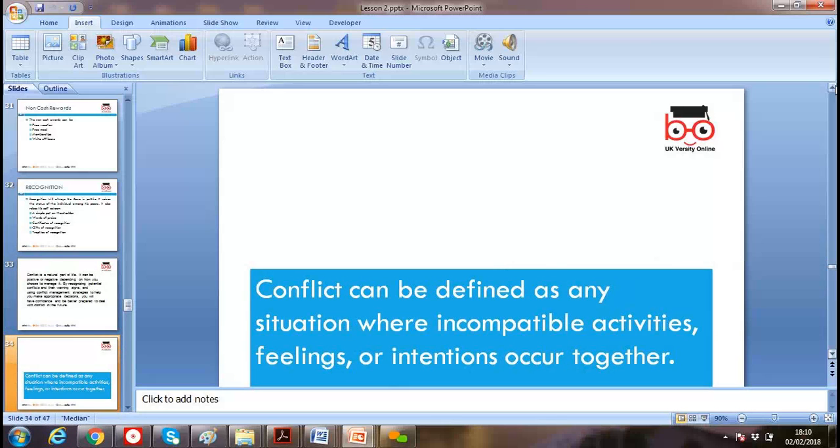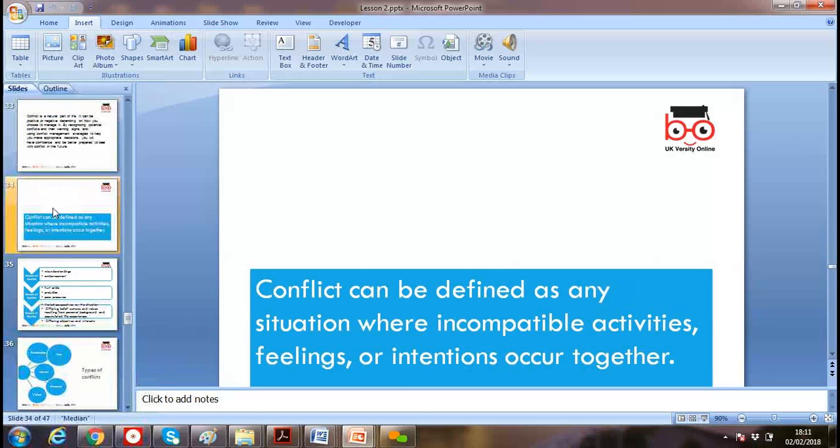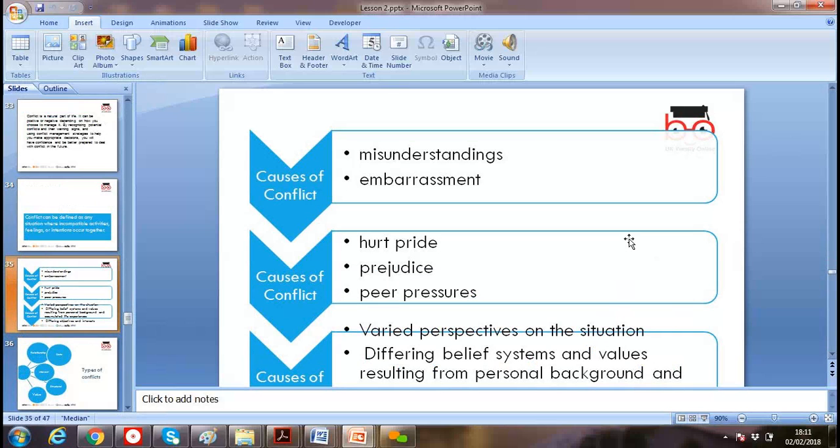Any question? No. Because sometimes conflict leads to poor performance in our organization, so we need to look around the causes of conflict: misunderstanding, embarrassment, hurt, pride, prejudice, and peer pressure. Those could be causes of conflict.